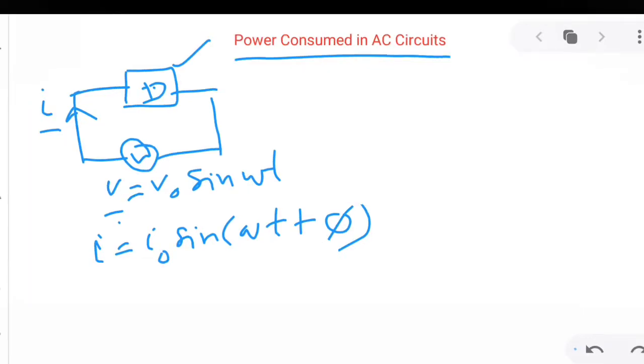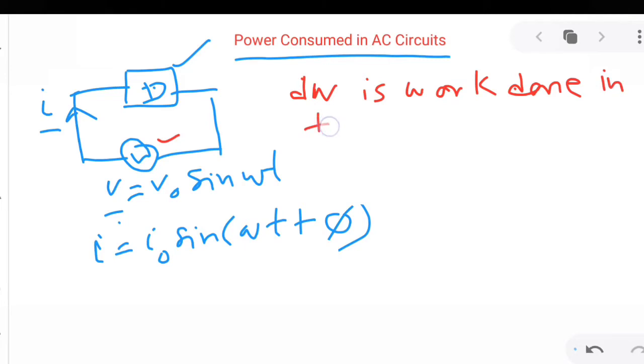Now the work done by the source in time dt. Suppose dW is the work done in time dt.